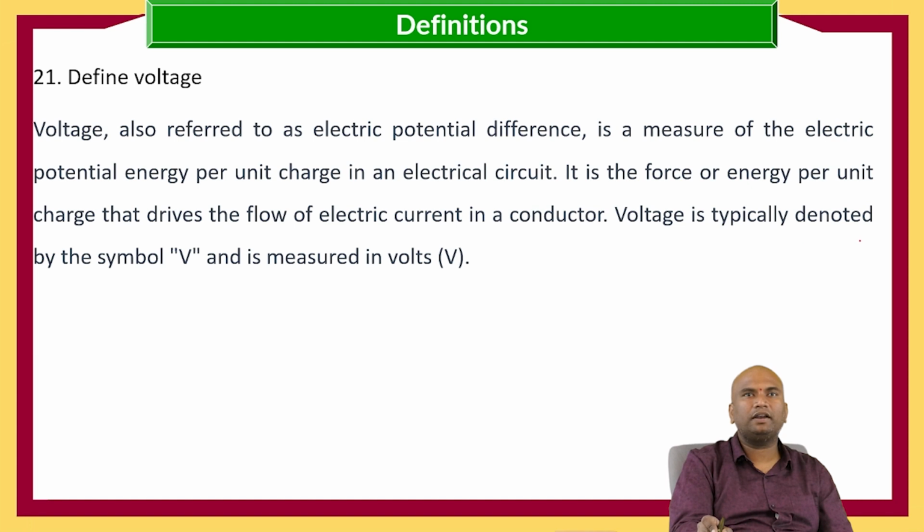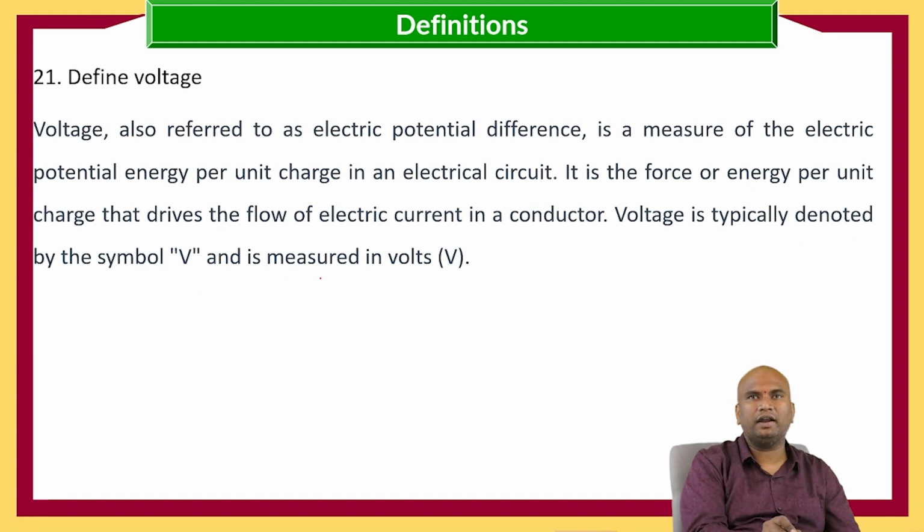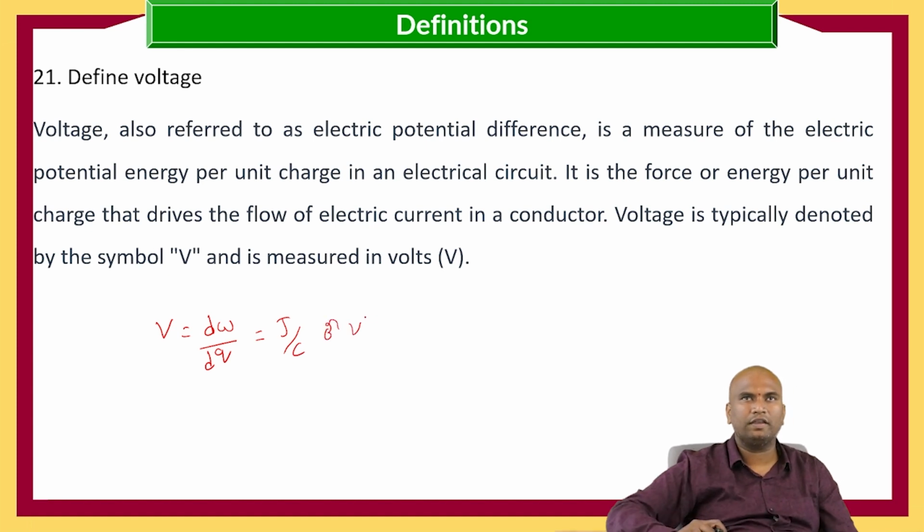Voltage is typically denoted by the symbol V and is measured in volts. V is equal to potential energy per unit charge, dW by dQ, that is joules per coulomb. Volts are the units for voltage.